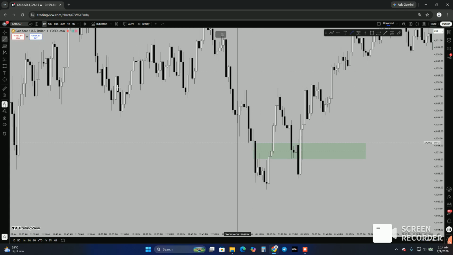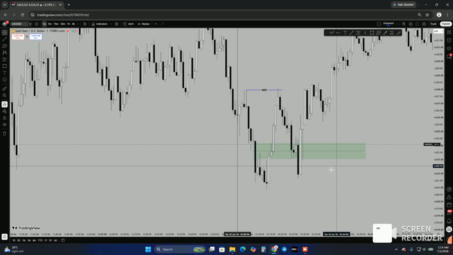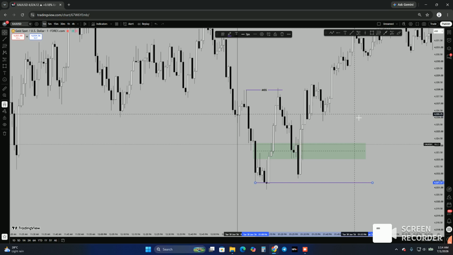I want to see what the price is doing. So price made the market structure shift here. Market structure shifted and price again came back to this 50% retest. And I've been looking at this week also. What is he doing? Okay.